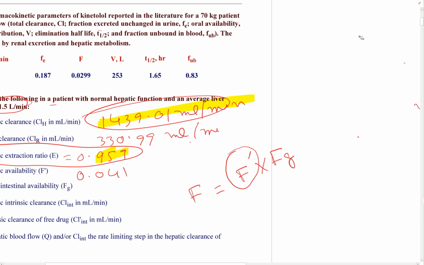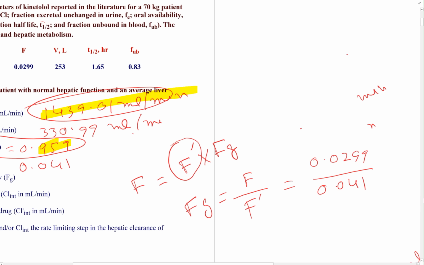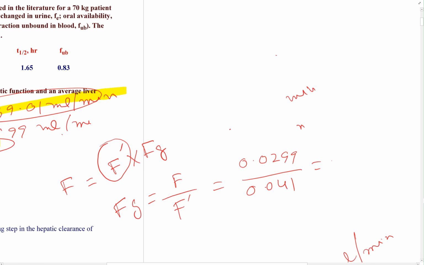So you use this equation to calculate GI availability. Fg is equal to F by F prime, which is 0.0299 divided by 0.041, and that is going to be 0.735.